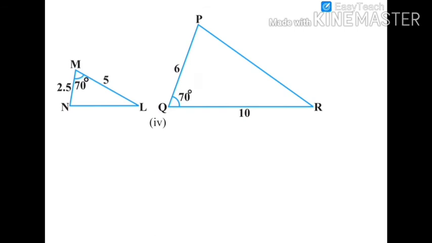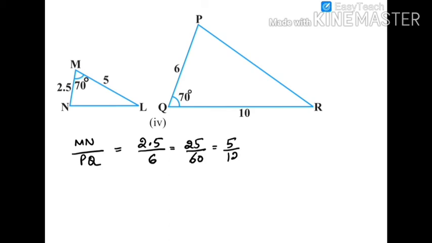Look at the fourth pair of triangles. We are given two sides and an included angle between these two corresponding sides. So let's find the ratio of these two corresponding sides. MN upon PQ is equal to 2.5 divided by 6. On reducing, this is 5/12.